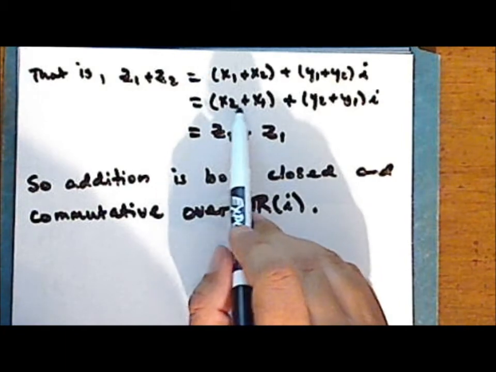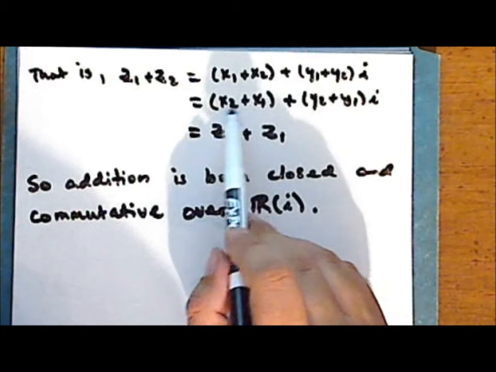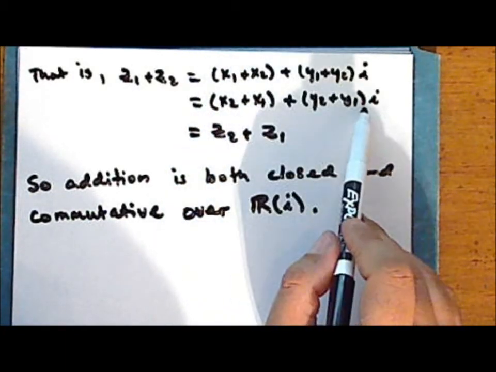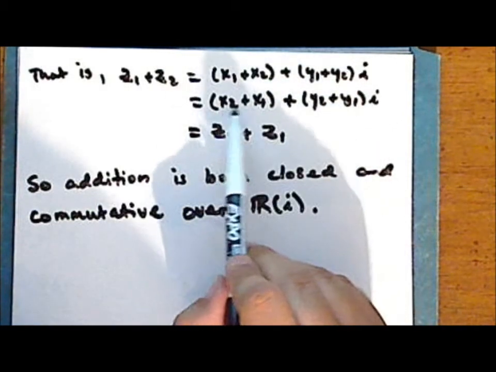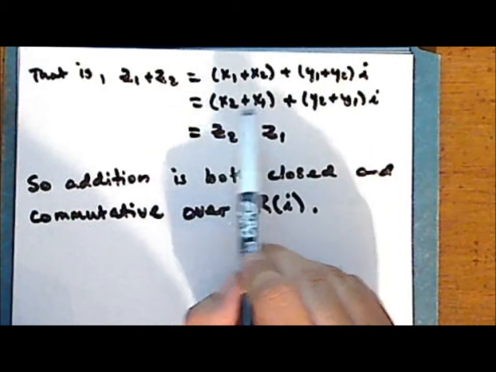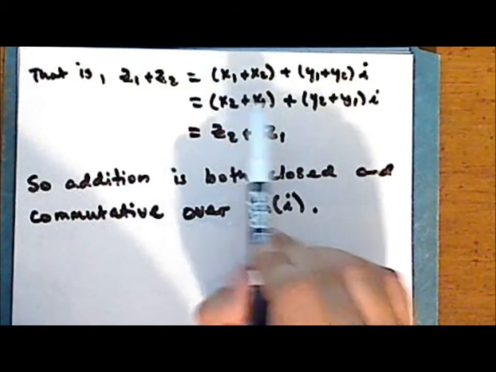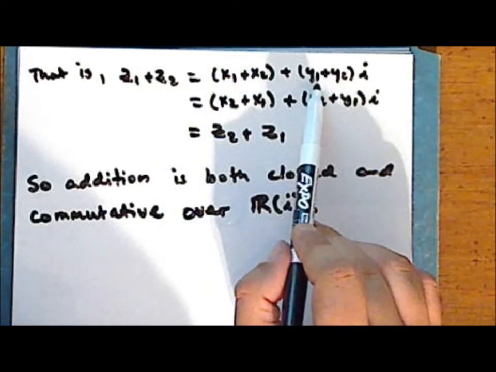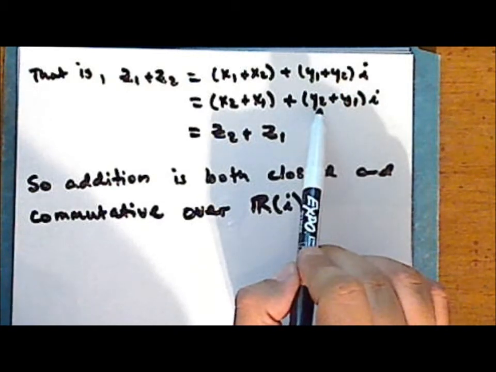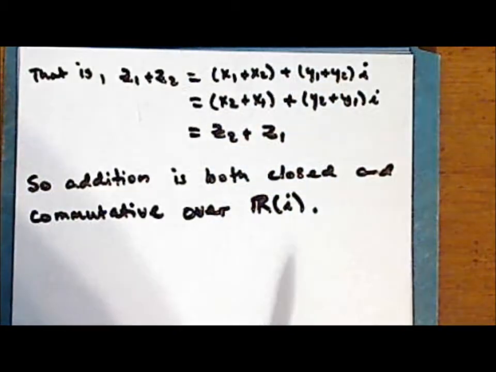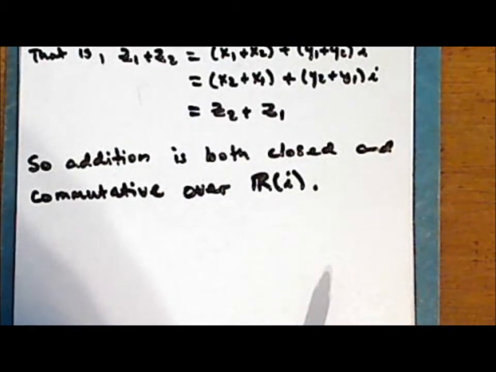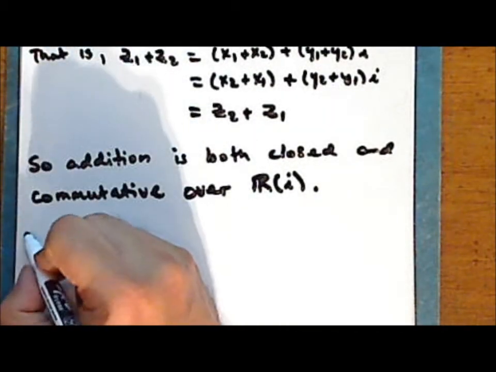We have a real part and an imaginary part, where the sum x2 plus x1, or equivalently x1 plus x2, is a real number, as is the sum y sub 1 plus y sub 2, or equivalently y sub 2 plus y sub 1. So next we will show that addition is associative.